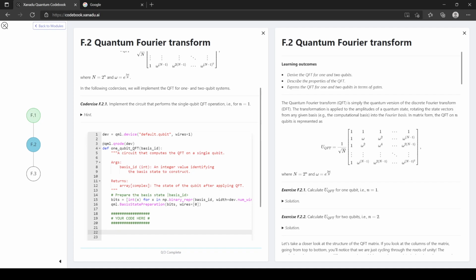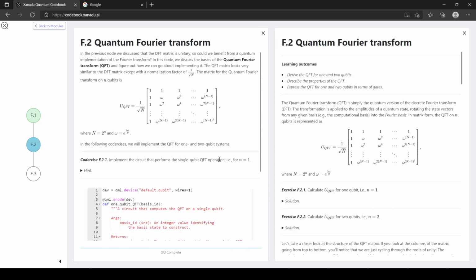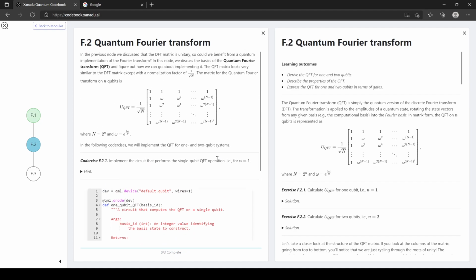See right here, I don't want to return anything. I know that the Hadamard is the 1-qubit Fourier transform. That's just something that I know. You can look and see that here omega is 2 to the n.